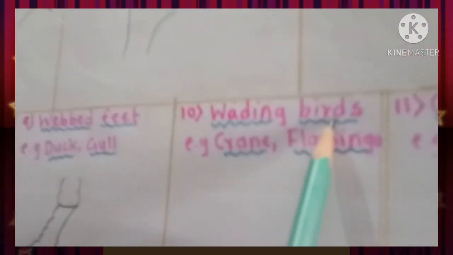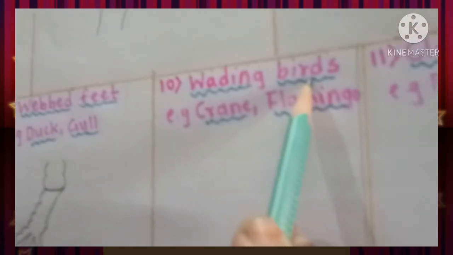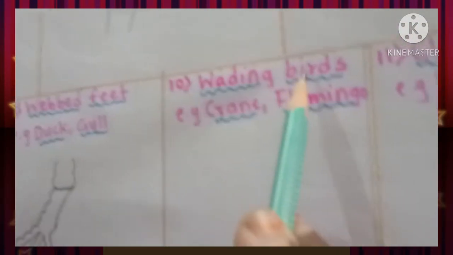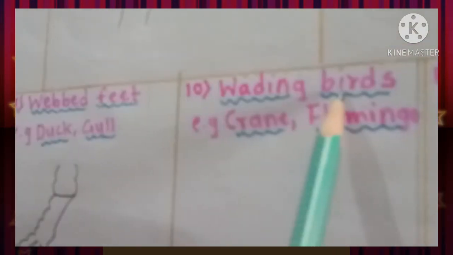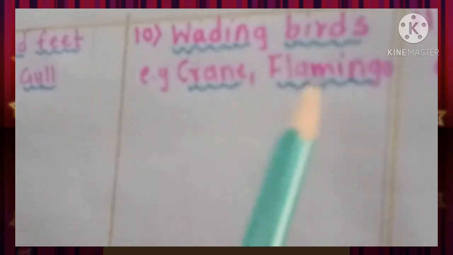Now the next one, wading birds. Wading birds means what, I tell you children? The birds who walk in the water, like the crane.